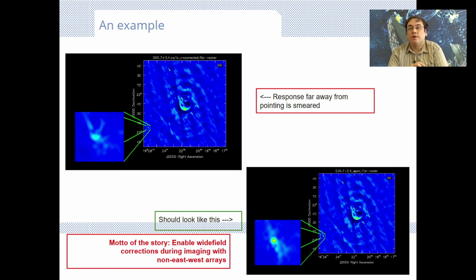Now, for a source that is non-corrected, you'll see this kind of horn structure around the source as it's being smeared out by the various different spacings within the array.